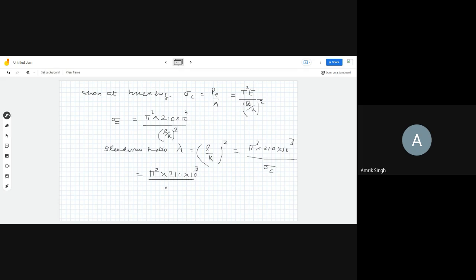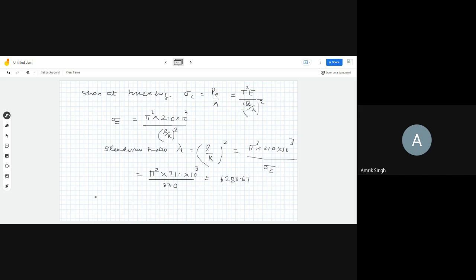Now the sigma C is given as 330 megapascal. So if you calculate this, it comes around 6280.67.